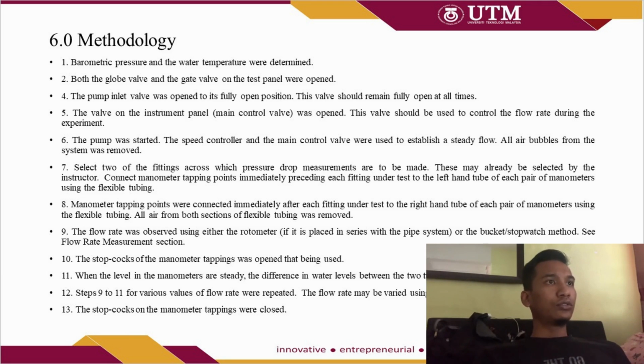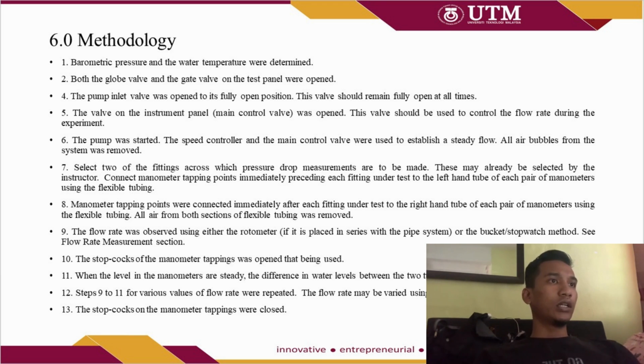Okay, we go through to the methodology. The first step: the barometric pressure and the water temperature were determined. Then both the globe valve and the gate valve on the test panel were opened. Next, the pump inlet valve was opened to its fully open position. This valve should remain fully open at all times.